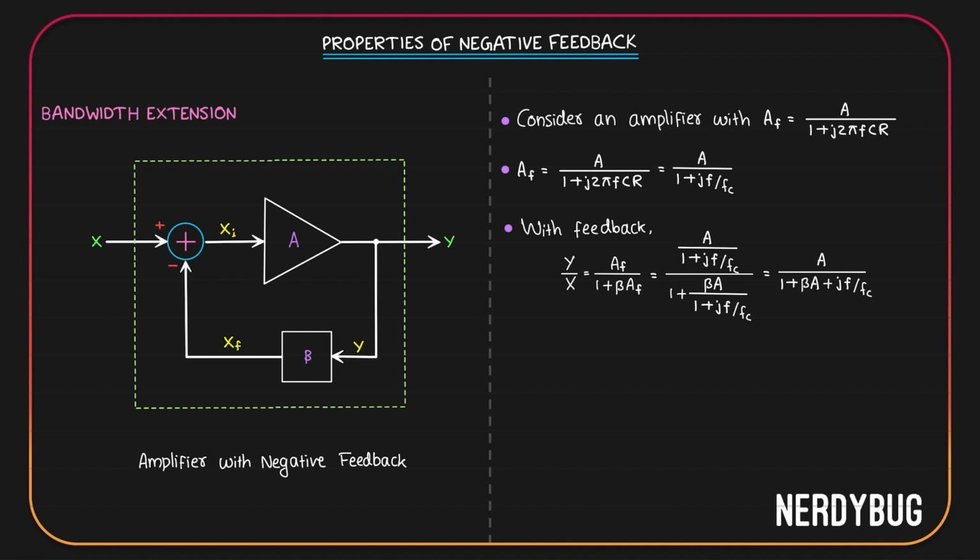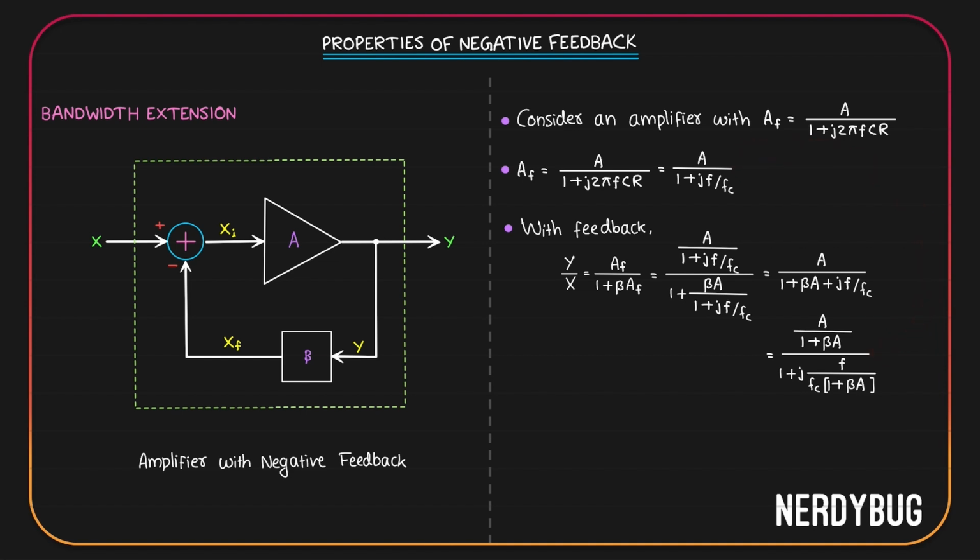Numerator will become A divided by 1 plus beta A. 1 plus beta A divided by 1 plus beta A becomes 1. j f by Fc divided by 1 plus beta A becomes j f divided by Fc multiplied by 1 plus beta A. This is what we get. It might not look like it at first glance, but this is actually very similar to the original expression for gain as a function of frequency.